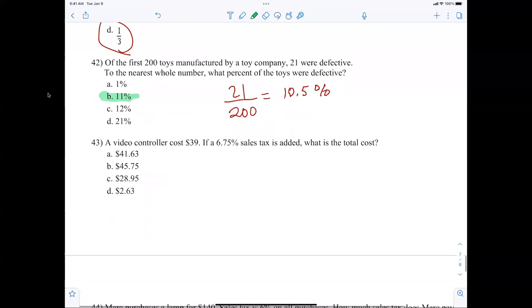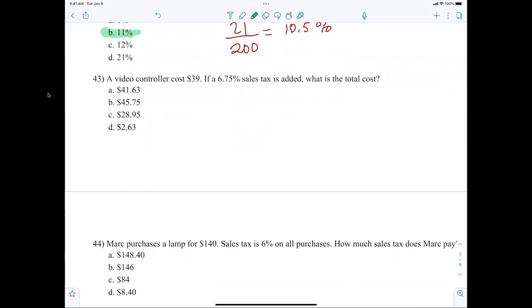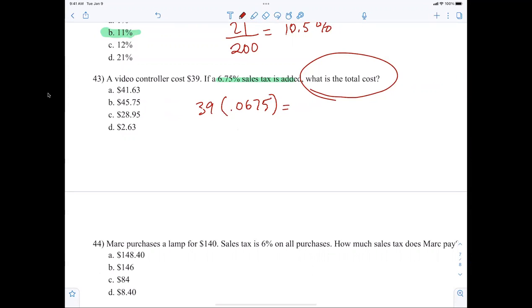All right, and 43. Now here, this is sales tax, but they ask for what? They ask for the total cost, right? So we're going to do 39 times 0.0675. And somebody tell me what that is.